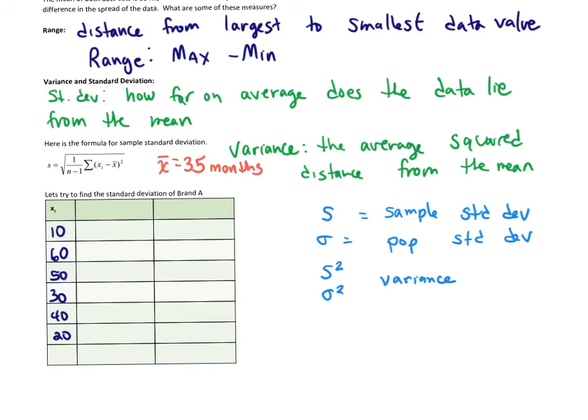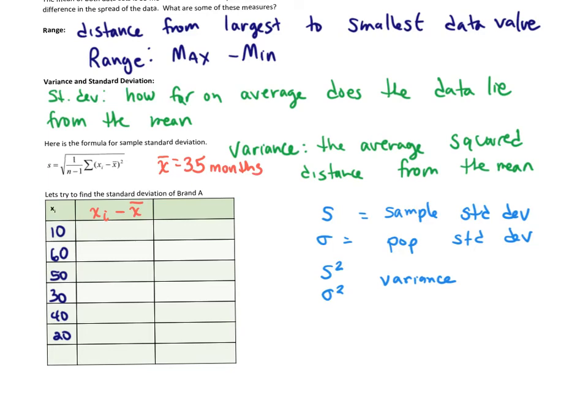So for this, I'm going to find out how far each data value is from the mean. So I'm going to take x sub i minus x bar. Some books do the opposite, x bar minus x sub i. It honestly does not matter, as you will see eventually, but this is how we're going to do it. We're going to take each data value minus the mean.